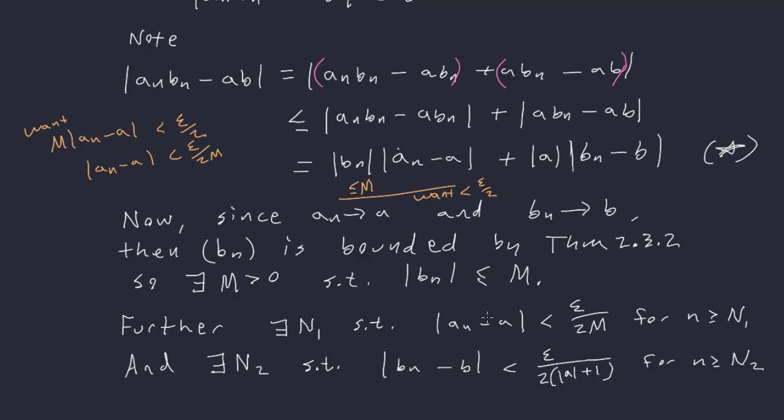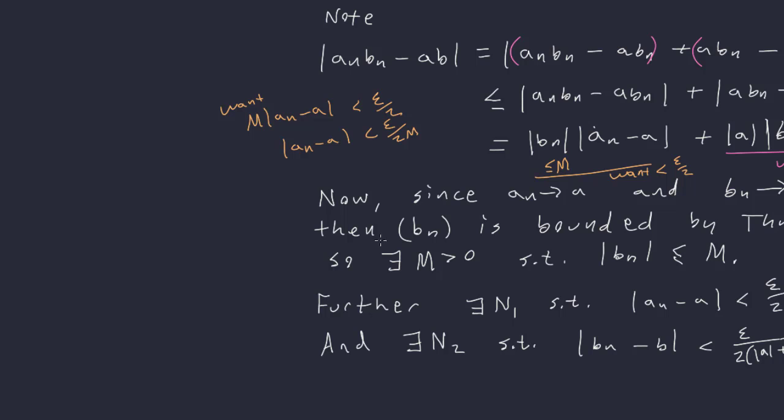So where did that come from? Well, for this piece, I wanted this less than epsilon over 2 as well. So if I go over to my scratch work, I want the absolute value of a times the absolute value of b_n minus b less than epsilon over 2.